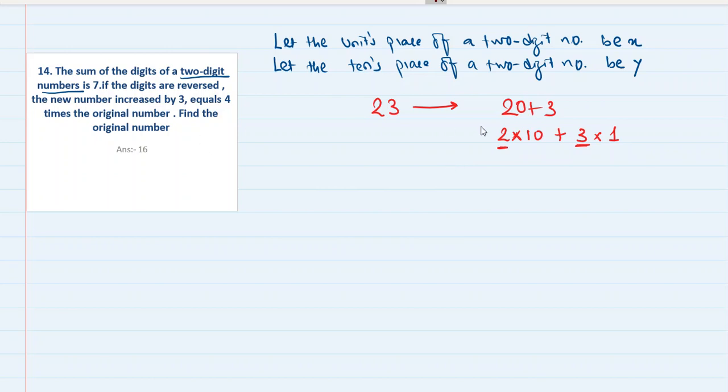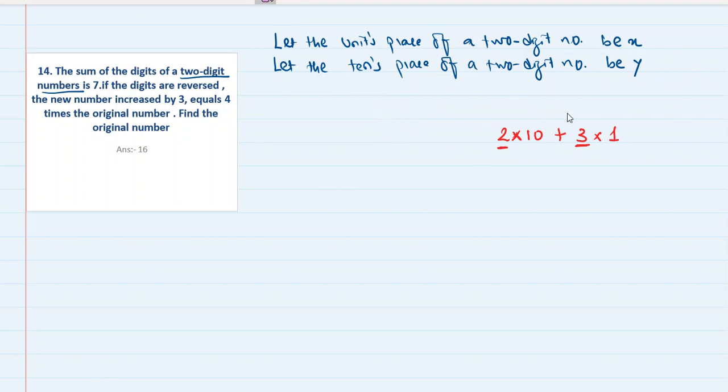So any two-digit number, suppose it has got digits x and y, where x is in the units place, y is in the tens place. If you want to frame a two-digit number, you cannot simply write it as xy, because xy means x multiplied by y, and that will not be our two-digit number.